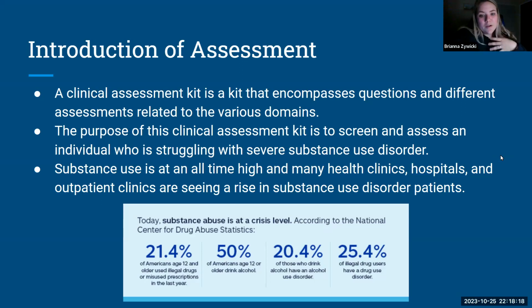About 50% of Americans over the age of 12 drink alcohol. 21.4% of those who drink alcohol have alcohol use disorder, and 25.4% of those who use illegal drugs do have a drug use disorder of some kind. So substance use and severe substance use disorder are at a very large high at the moment.